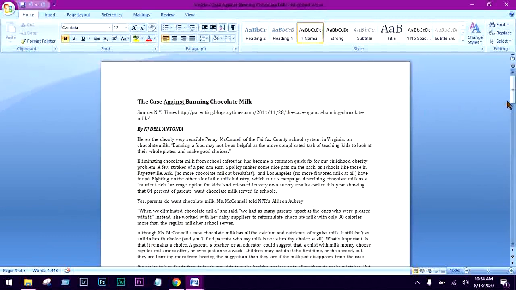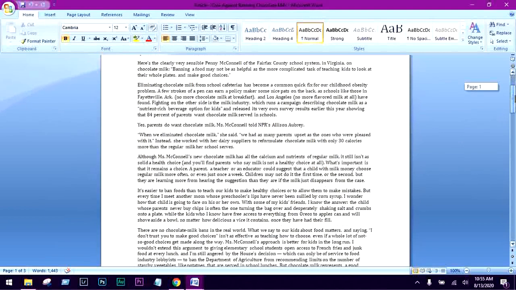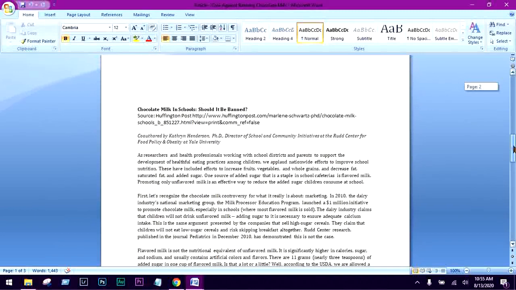As you can see, we have two articles here. We'll call it source one. This one is the first source. It's entitled "The Case Against Banning Chocolate Milk." And the second source is "Chocolate Milk in Schools, Should It Be Banned?"